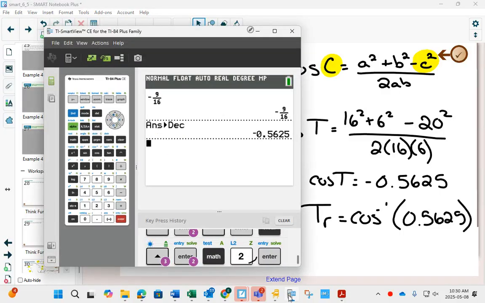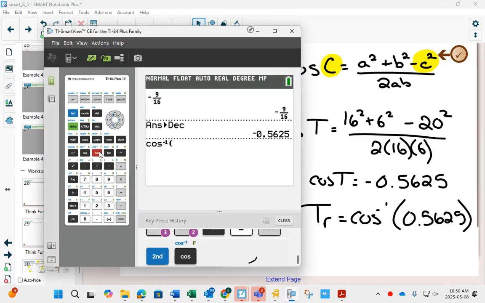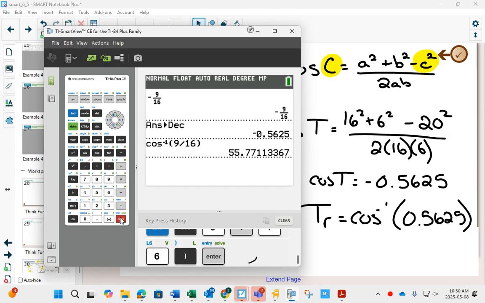So go to my calculator here, and I'm going to do cos inverse. I'm not going to steal that answer. In fact, I'm going to use a fraction because it's less to type by one button. Not that much less, I guess. And I find my reference angle is 55.77 degrees. 55.771 if I use 3 decimal places.